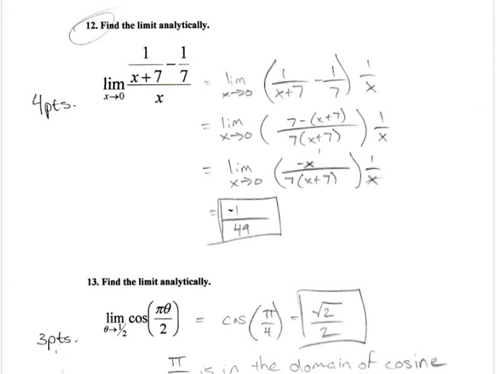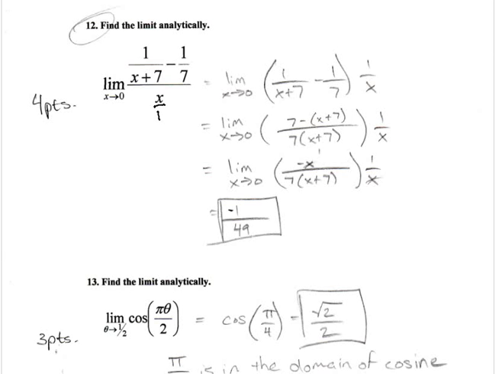Alright, so in number 12 we have 1 over x plus 7 minus 1 over 7, divided by x. Now remember that this is division by a fraction, and we can rewrite x as x over 1. Division is the same thing as multiplication by its reciprocal.